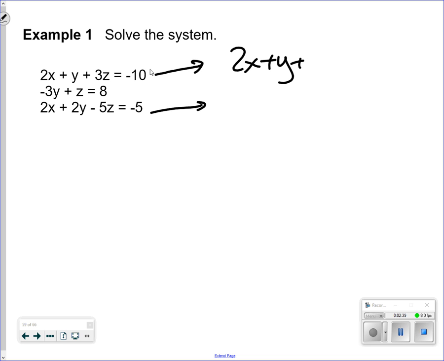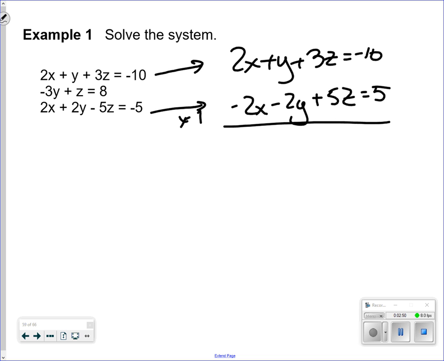Then I'm going to take the bottom equation and multiply it by -1. So negative 2x, negative 2y, positive 5z, and positive 5. That gets rid of the x. I'm using elimination here. So I am now down to two letters, a y and a z.